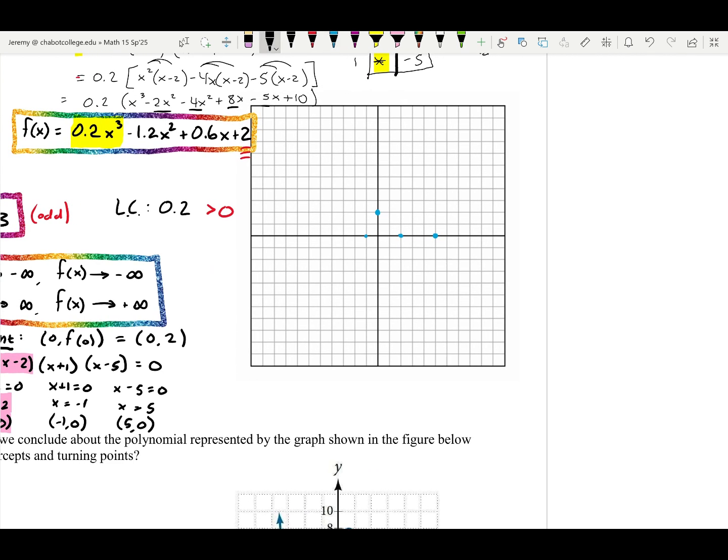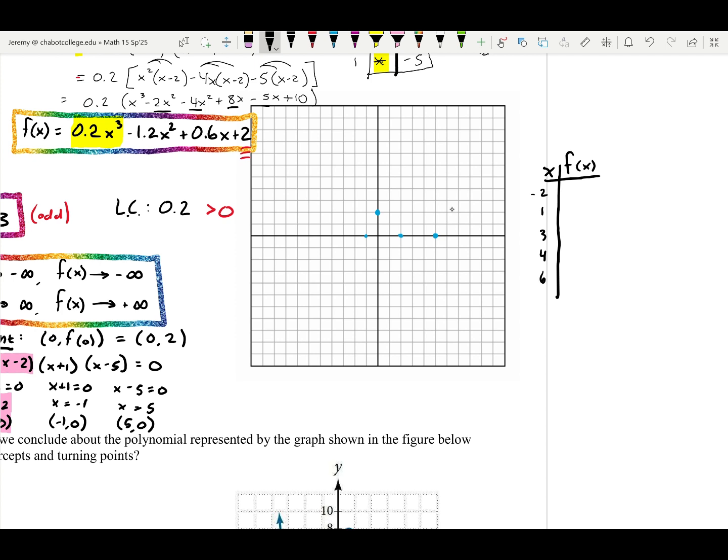I'll do a table of values off to the side just to test a few more values. I'd like to know what's happening at negative 2, positive 1, 3, 4, and 6.